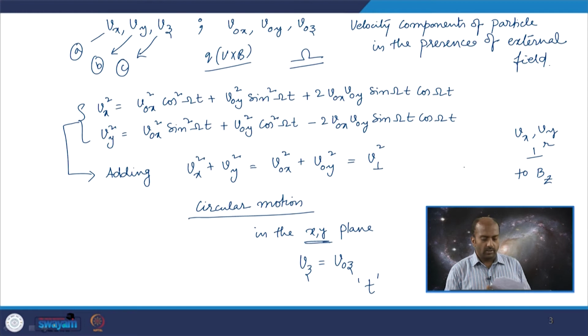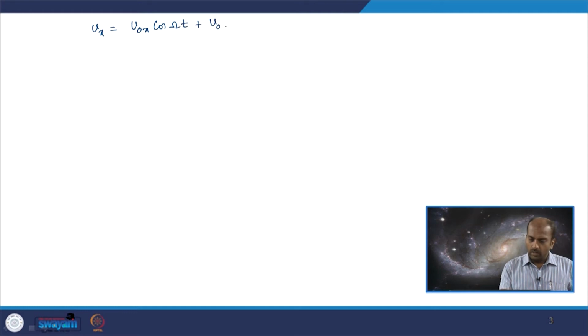Now, let us consider how the particle will move. The particle's trajectory can be more easily established if you find out the values of position with respect to time starting from the velocities. Okay. Let us say we write Vx as V0x cos omega t plus V0y sin omega t, which is dx by dt, right.